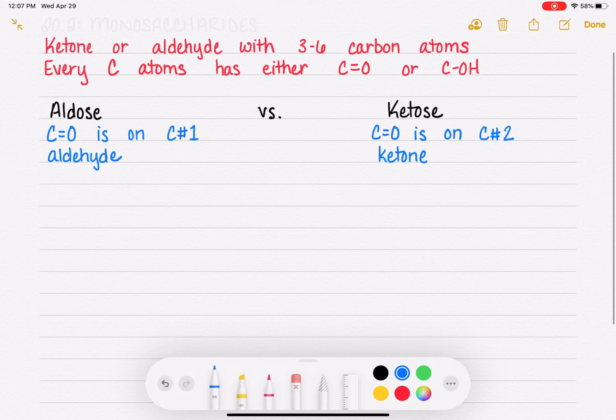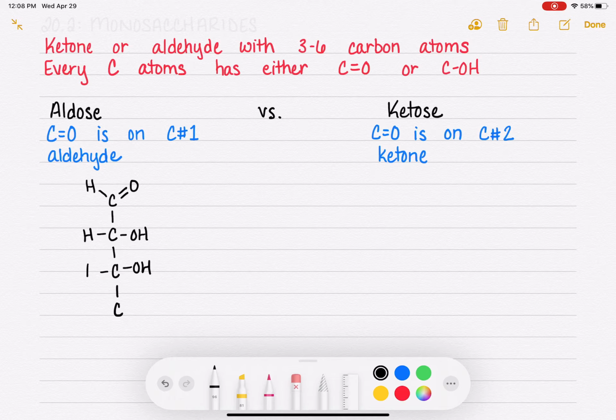So let's draw a couple of pictures. Now remember when we drew one of these before, when we draw monosaccharides, we draw them up and down vertically, which takes up a lot of space. So this is going to be a 4-carbon chain. The carbon on the top, carbon number 1, is going to have the carbon-oxygen double bond.